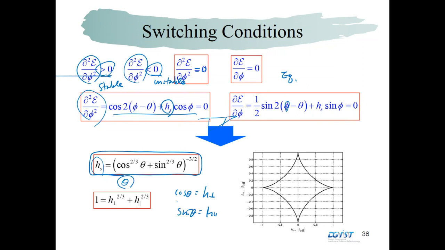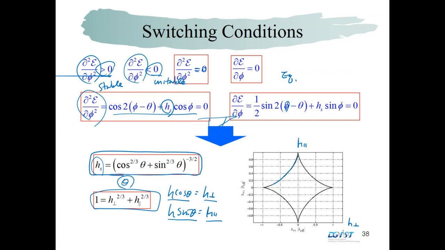So we can replace h cosine theta by h perpendicular, h sine theta by h parallel. We can obtain this relation. And when we plot H perpendicular against H parallel, they have this form. That is called the switching condition of the anti-moment depending on the field direction.